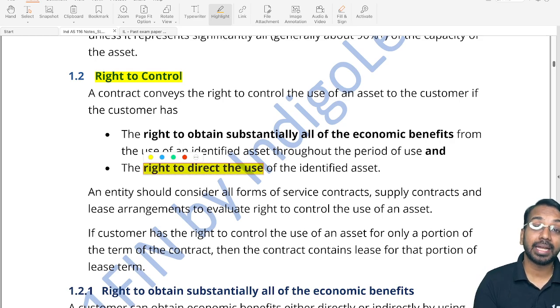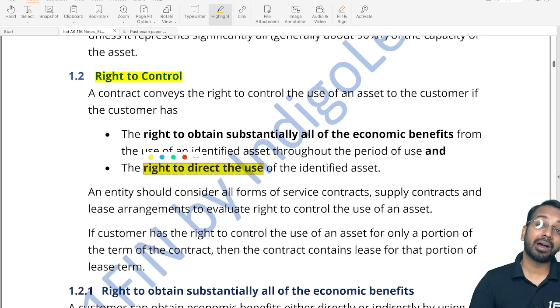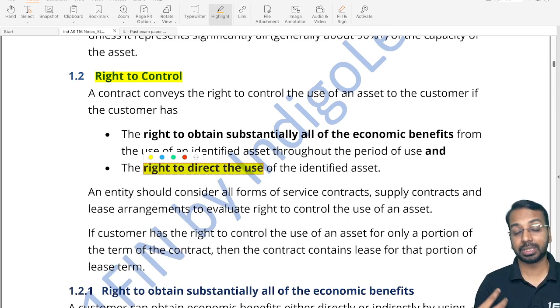The customer will direct. If I have taken a car on lease, I will decide whether I have to take it on the road, whether I have to drive it or not drive it. But say for example, I have taken a car on lease and I start loading cargo, those heavy goods, onto the car, and I start damaging the car.